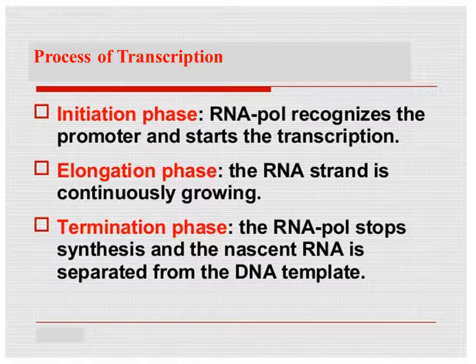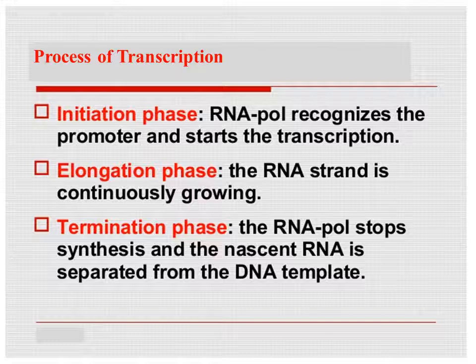Then the second step is the elongation phase. In the elongation phase, the RNA polymerase continuously adds new free nucleotides and the chain of RNA is continuously growing. This is known as the elongation phase.